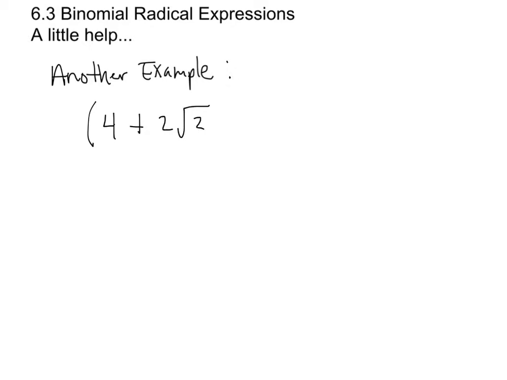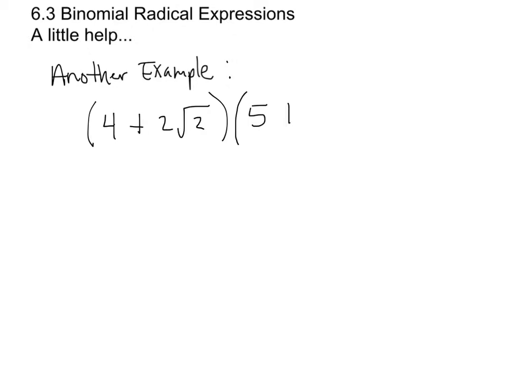Moving on to the next example. Sometimes it's the case that we want to multiply binomial radical expressions. So one example would be 4 plus 2 root 2. So that's a binomial radical expression because you have two terms that are being added, and at least one of those terms is a radical.